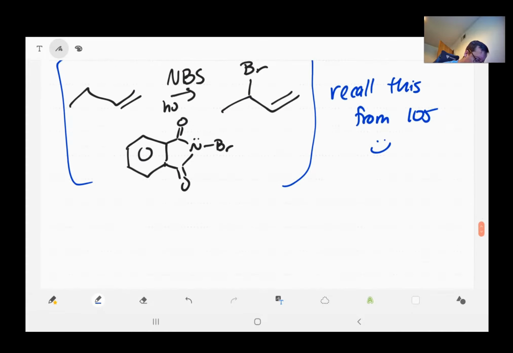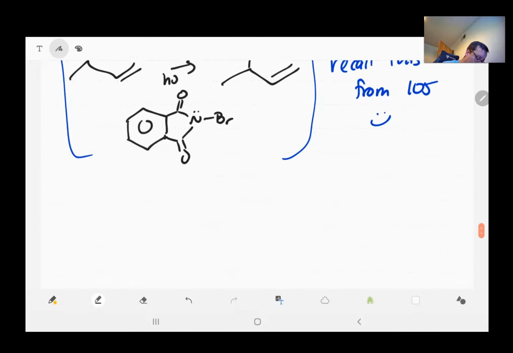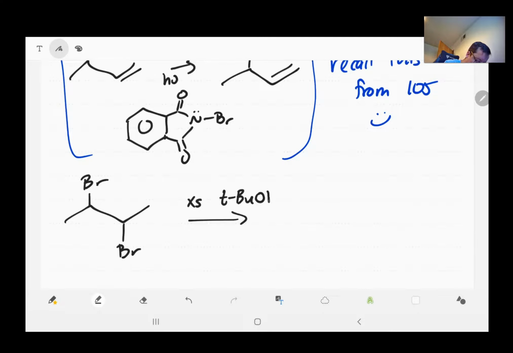Okay, anyways, we can also take the dibromide, throw in excess of your t-butoxide, and we'll get the same thing. So whatever you've got, lots of ways to do it through elimination pathways.